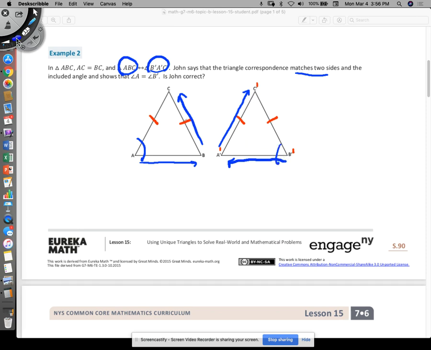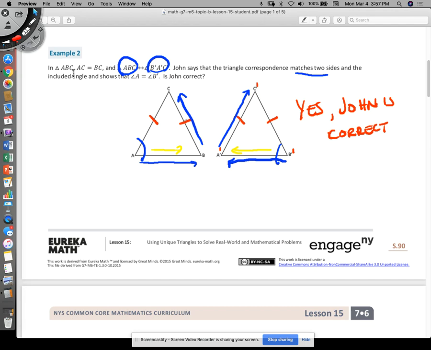All right, let's see. Again, angle A going in this direction. Angle B going in this direction. Are they the same? Yes, they are. So we're going to say, yes, John is correct. Those two are matches. Those two do correspond.